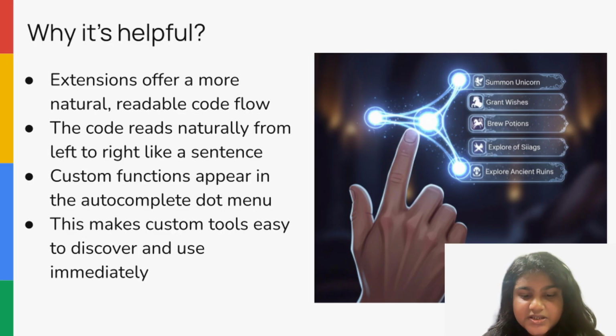The slide also mentions a more natural, readable code flow that reads left to right. In computer science, we call this a fluent interface. Without extensions, complex operations often look like function nesting, or onion architecture. Technically, the computer executes this from inside out. For example, if we have a function like saveToDatabase, inside it we have a function serialize, and inside that we have a function capitalize on a String object named name.